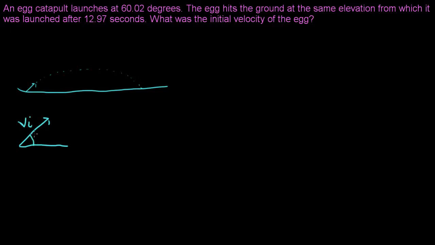We do know the angle. They gave us that on this one at 60.02. And we know delta t. We know delta y is 0. We know ay is -9.8.